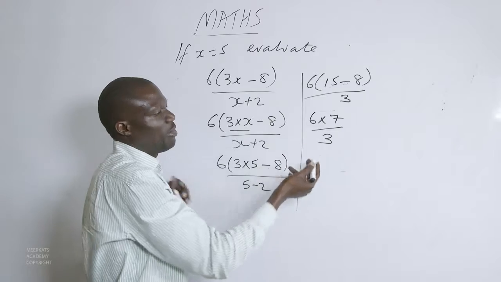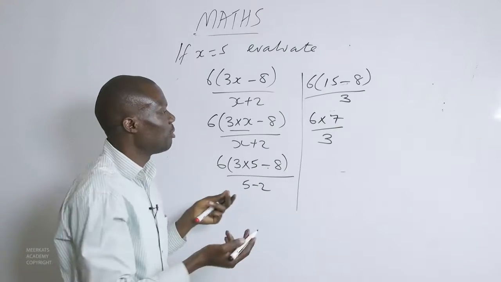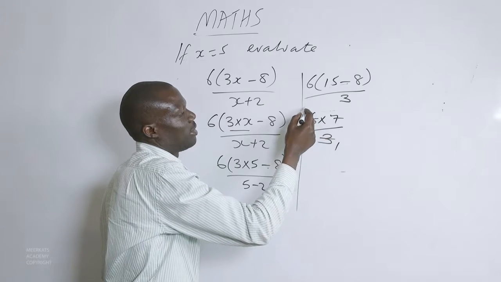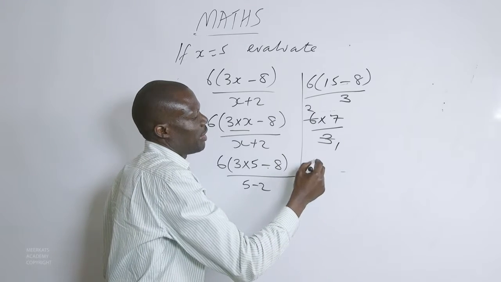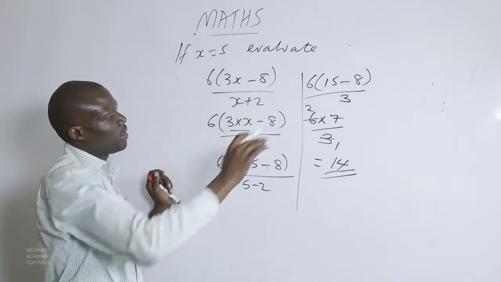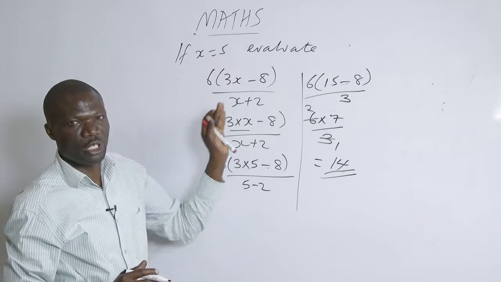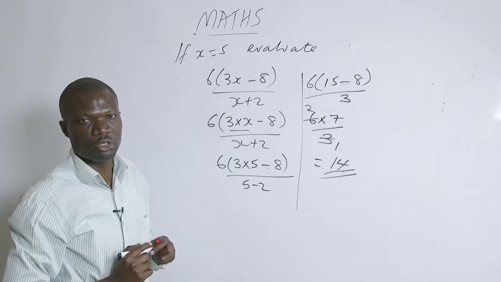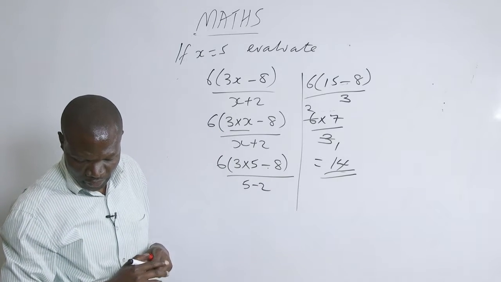So we can simplify, or we can calculate and then simplify later on. By 3 here is 1, by 3 here is simply 2. 2 times 7 is 14. So we find that all these expressions, when we substitute and work it out, we shall find our answer reduced to 14.